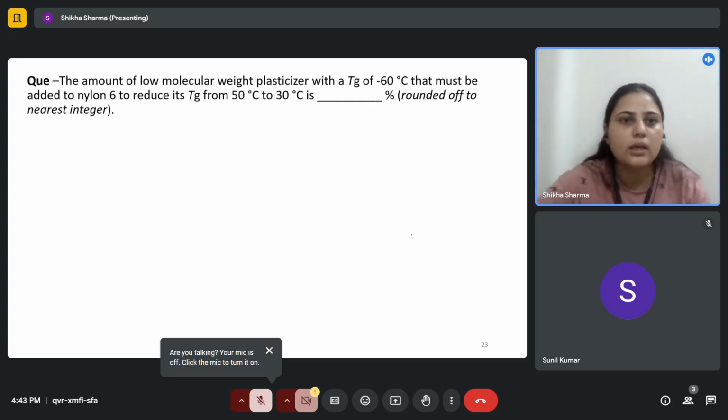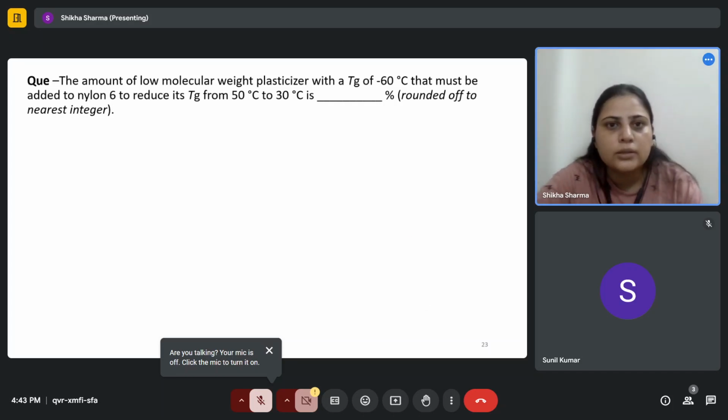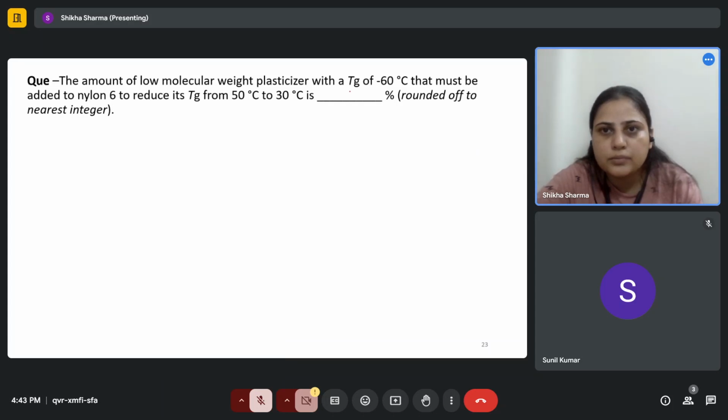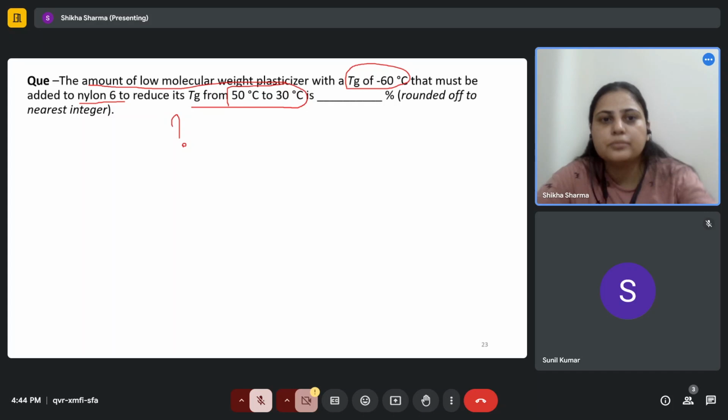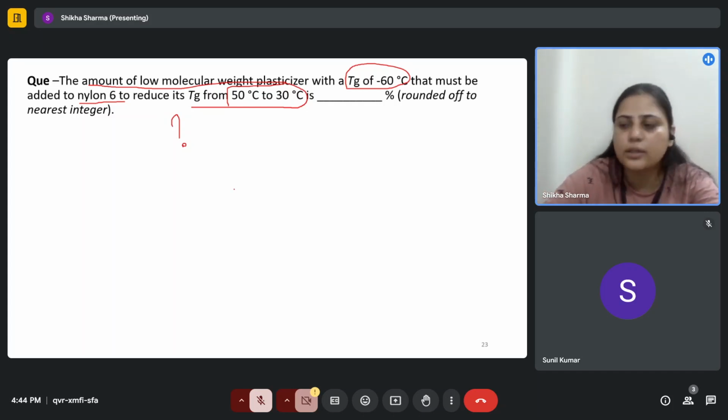So it is saying that the glass transition temperature of a plasticizer is minus 60 degree Celsius, and it is being added to nylon 6, and the glass transition temperature of the nylon 6 is reduced from 50 degree Celsius to 30 degree Celsius. So we need to calculate the amount of the plasticizer we have added, right? Please try to solve this question.